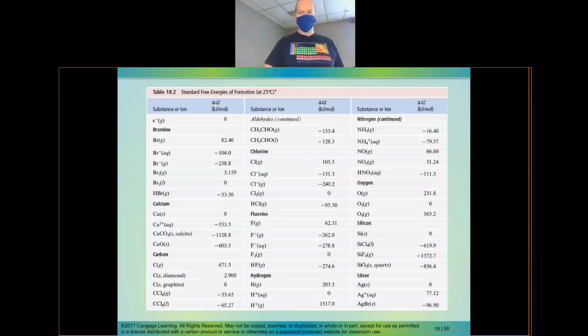It is the energy to form them. All right, and so when we have calcium solid right off the periodic table, it's 0. Carbon in its natural state is graphite, not diamond, not buckyball, and that's when you have the 0 in its natural state. Chlorine gas, 0. Fluorine gas, 0. So again, elements in their natural state are going to have a delta G value of 0.